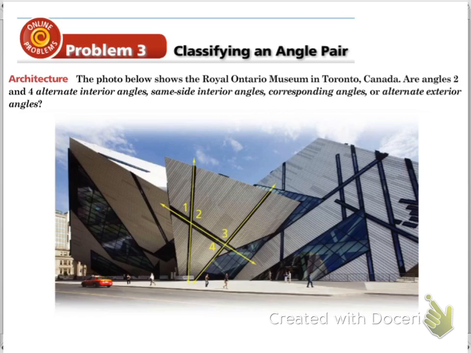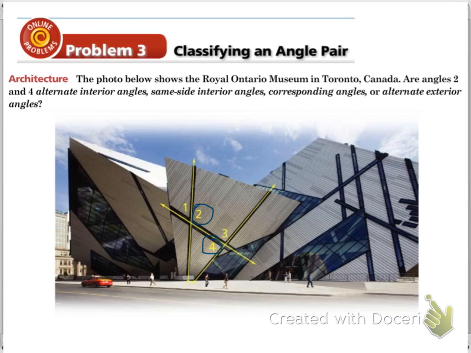The photo below shows the Royal Ontario Museum in Toronto, Canada. Are angles 2 and 4 alternate interior angles, same side interior angles, corresponding angles, or alternate exterior? So let's look at 2 and 4. Here is 2 and here's 4.